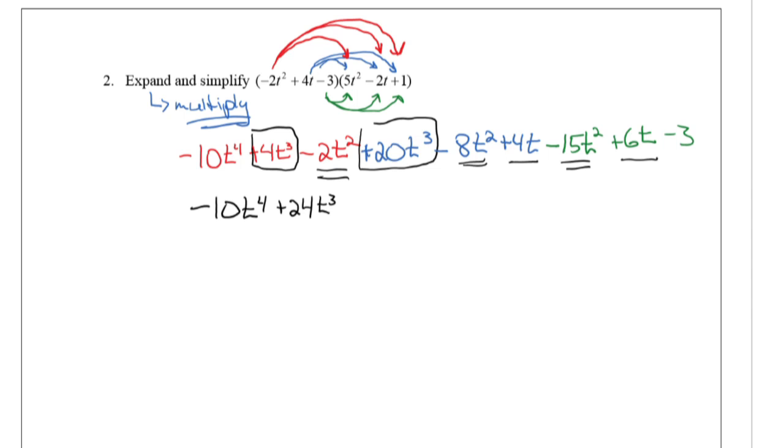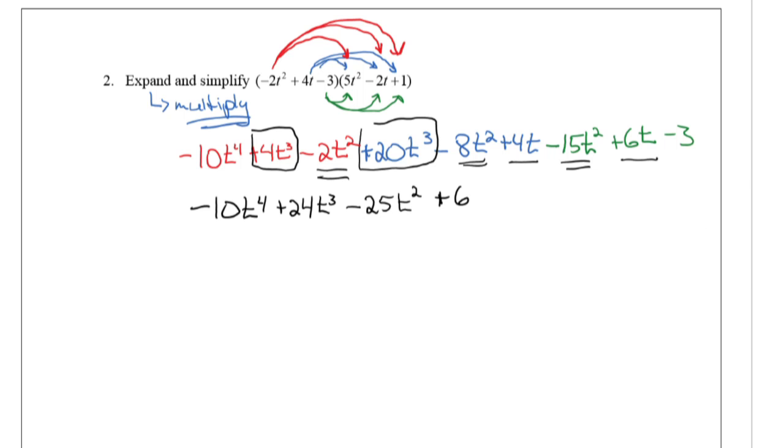Negative 2t squared and negative 8t squared and minus 15. So negative 2, negative 8 is negative 10, minus 15 is negative 25t squared. My t's, I have 4 and another 6.